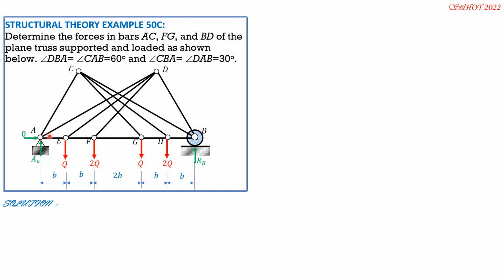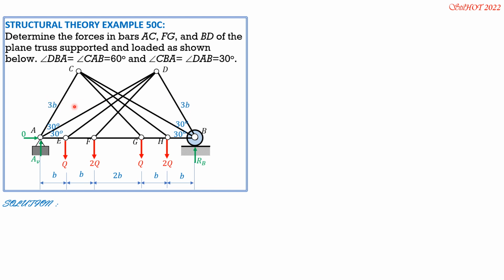Then this angle is 30 degrees. The whole angle CAB is 60, so this is also 30, 30 degrees, 30 degrees. Therefore, because ADB is a right triangle, 90 degrees at D, the same is true with ACB, 90 degrees at C. Therefore, this is the hypotenuse, which is 6b, sine of 30, so that means this is 3b length.